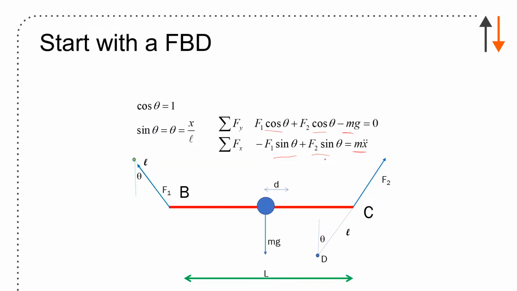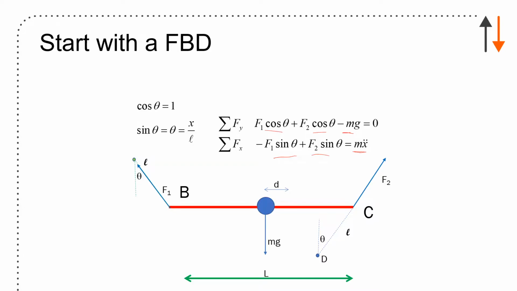Now, as a typical case that I do in the lecture, and one which you're probably really familiar with, these are small displacements. We started with that as the problem description, and we know from that that cos theta is going to equal 1. Theta is close to 0, and sine theta is equal to theta.